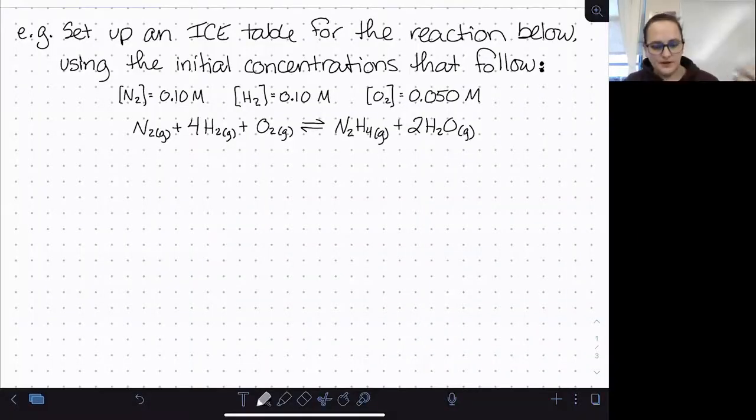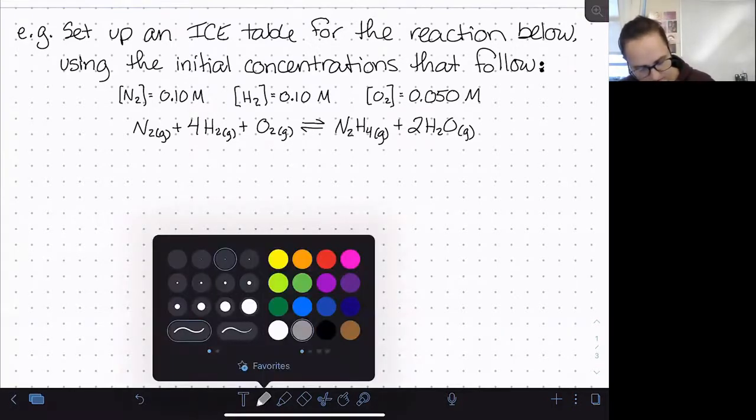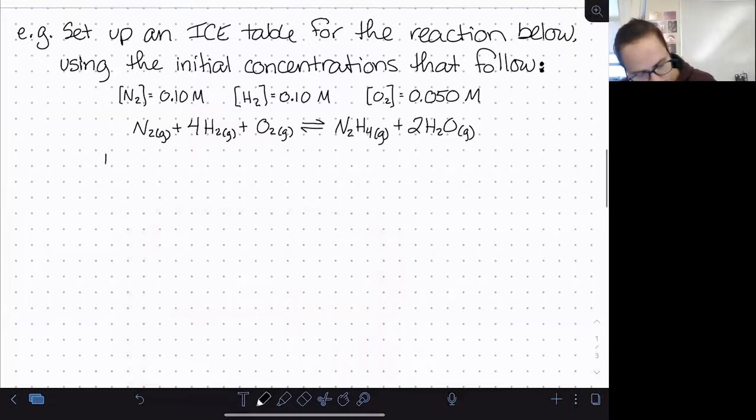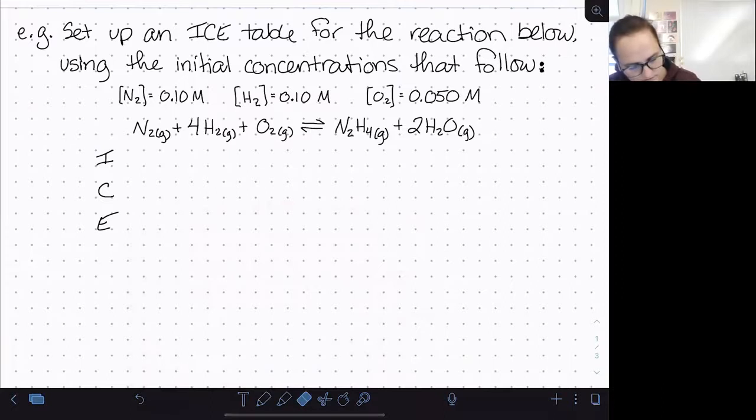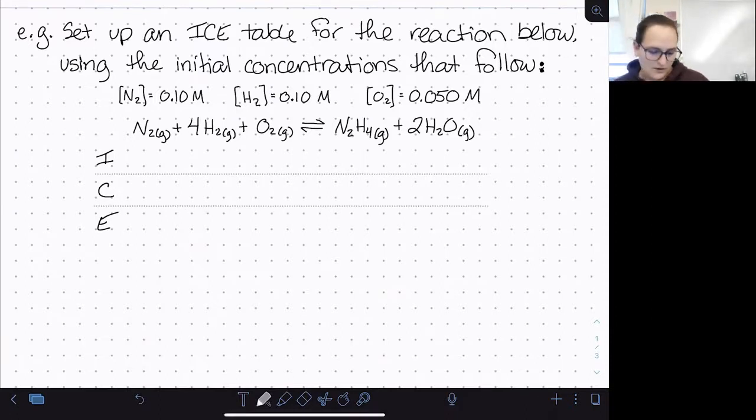So solving this one, we can set up our table once again. We will have initial, change, and equilibrium rows. And we'll need to create a column for each of our reactants and products.